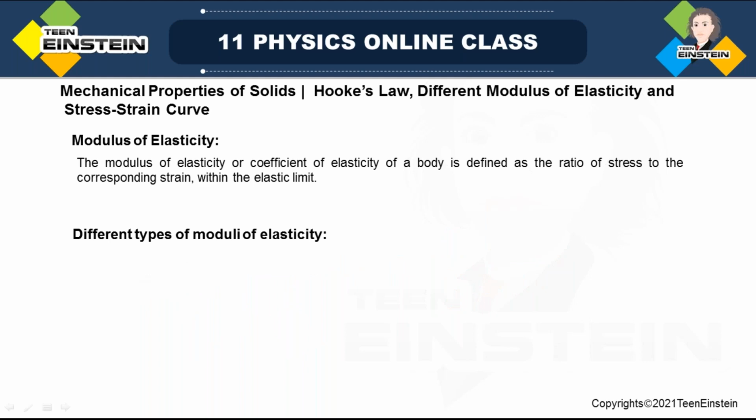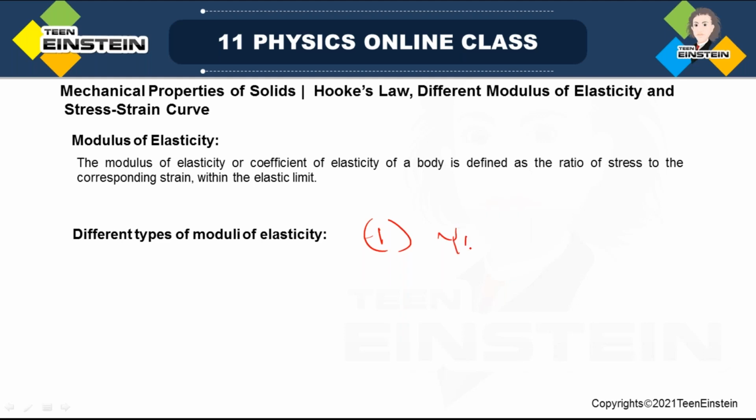Different types of moduli of elasticity. We had already learned various types of stress and various types of strains also. Depending on those different types of stress and strain, the moduli of elasticity are of three types.